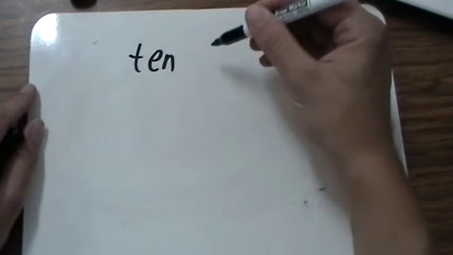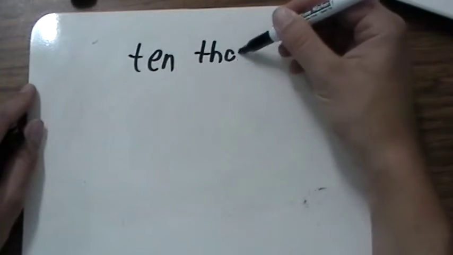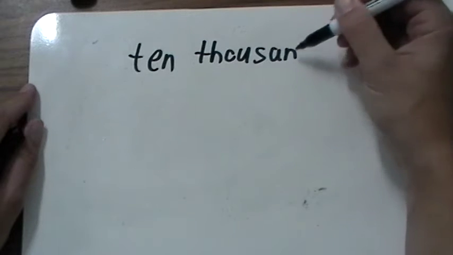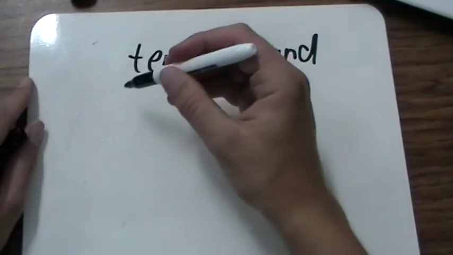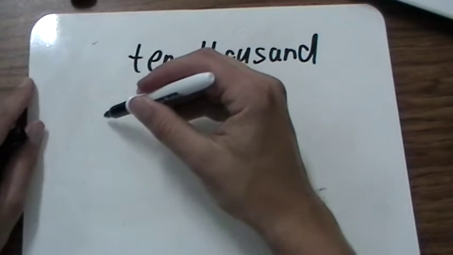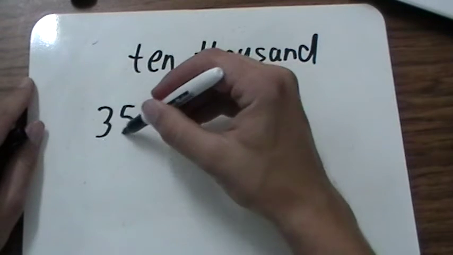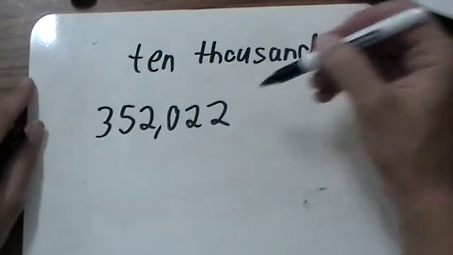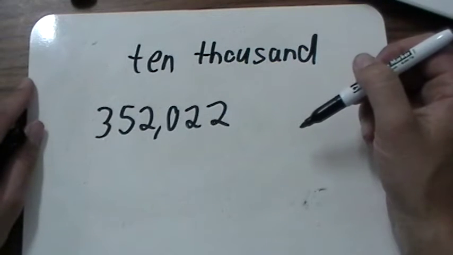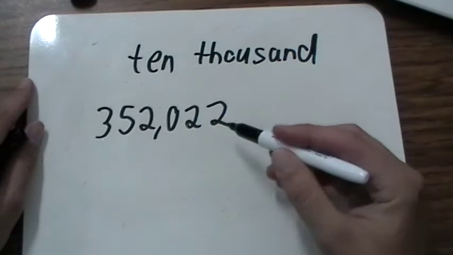Now let's take a look at rounding to the nearest 10,000. Rounding to the nearest 10,000. Well, if I have 352,022, which number is in the 10,000 place?